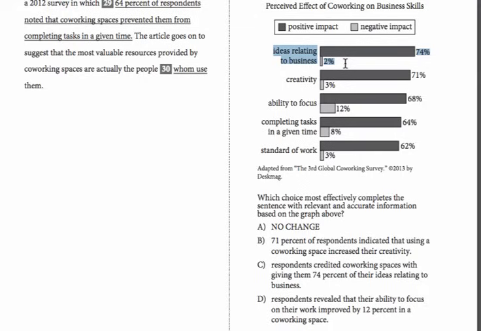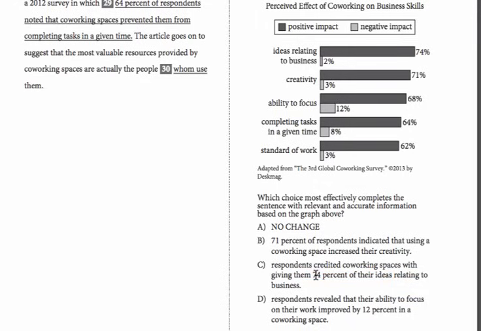Trick answer, right? What's funny here is that this does say, right, 74% of people said that there was a positive impact, like when you go to a co-working space, you have better ideas relating to business, but it doesn't say that they credited co-working space with giving them 74% of their ideas. It's the wrong percentage.